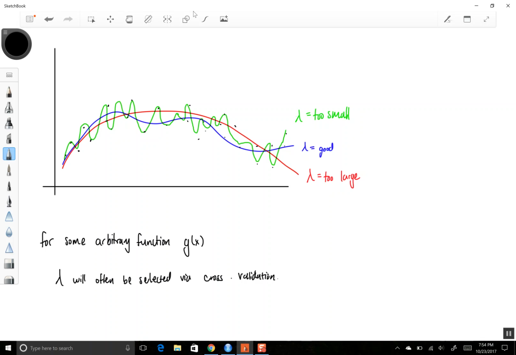Okay, and the last topic. So this was all about fitting splines to our data. And one more thing that we might want to try to do is perform local regression.